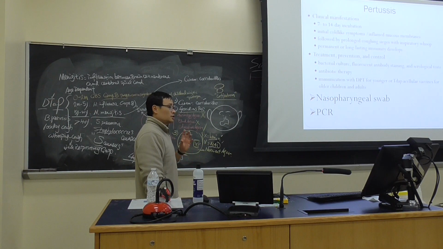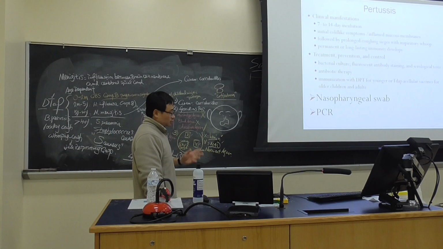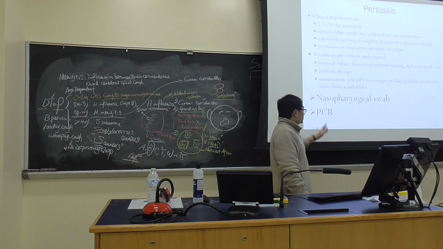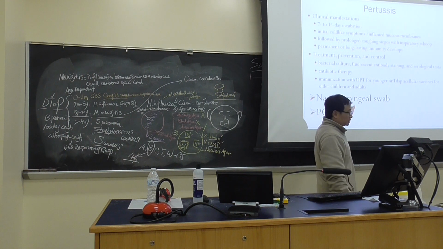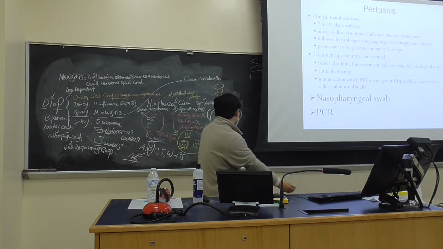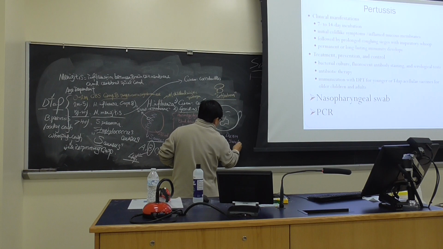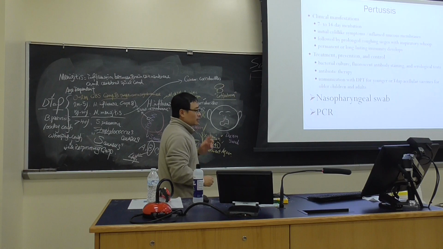They need to use a swab. The swab is not a general swab. The general name is nasopharyngeal swab, but it is a special product. We call it a Dacron swab. The Dacron swab needs to go into the nose to get the sample.